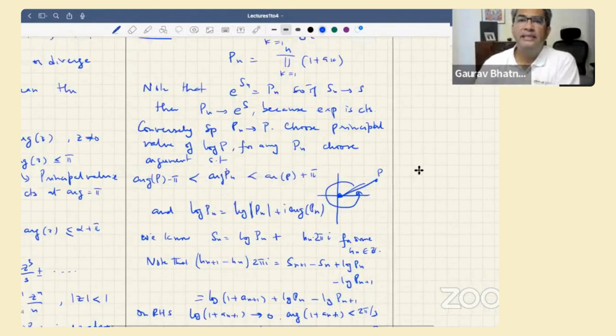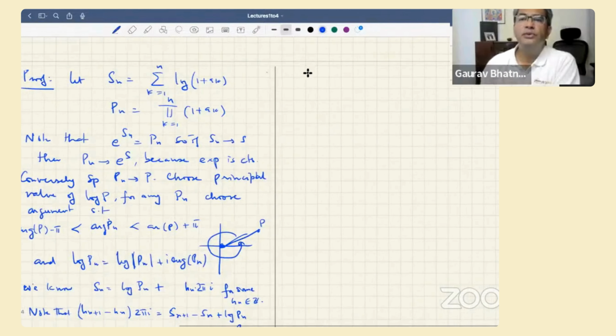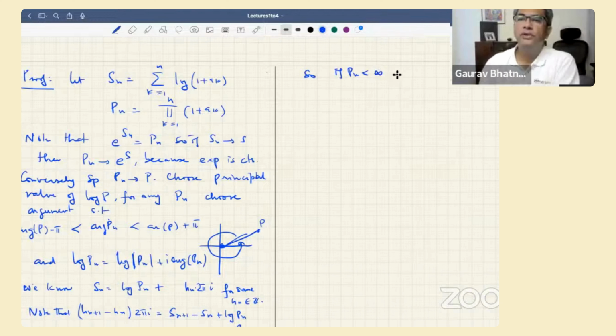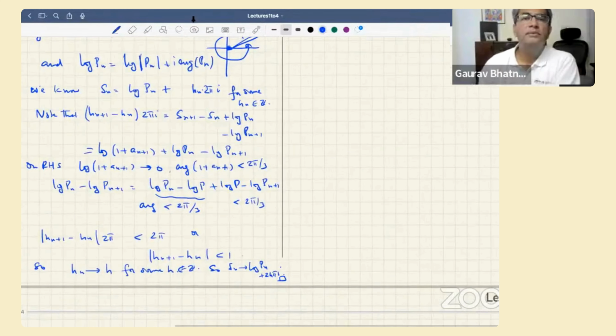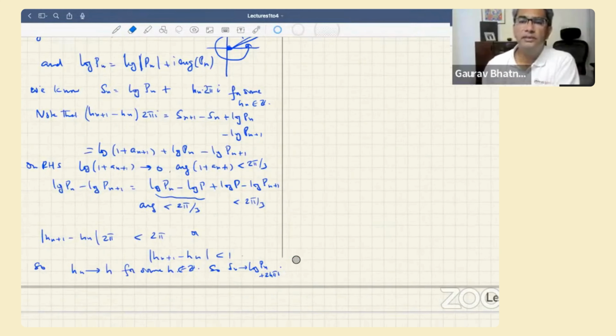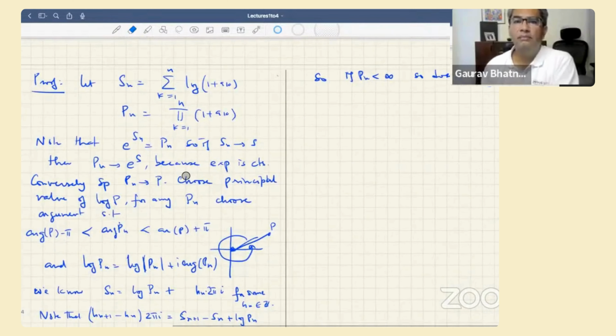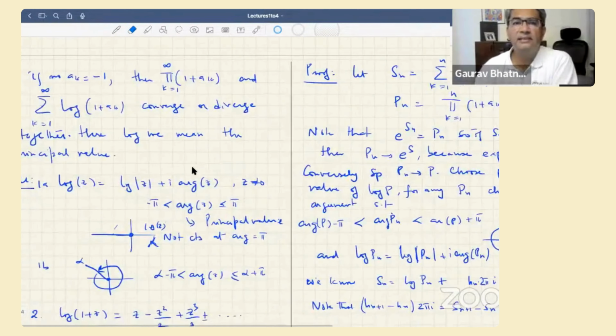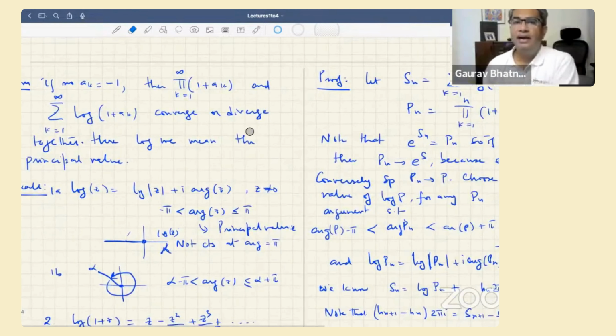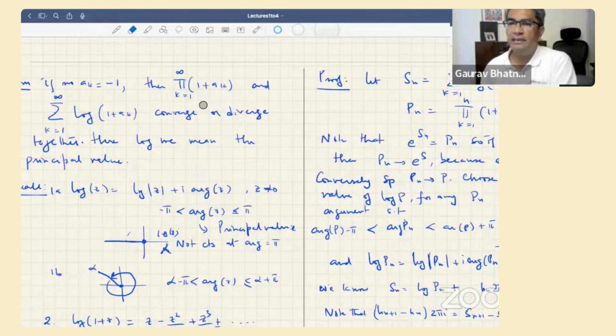So what we are saying is, let me write it here: if Pn converges, so does Sn. Now let me continue. What this says is simply that anything about infinite products can be converted into this log series.